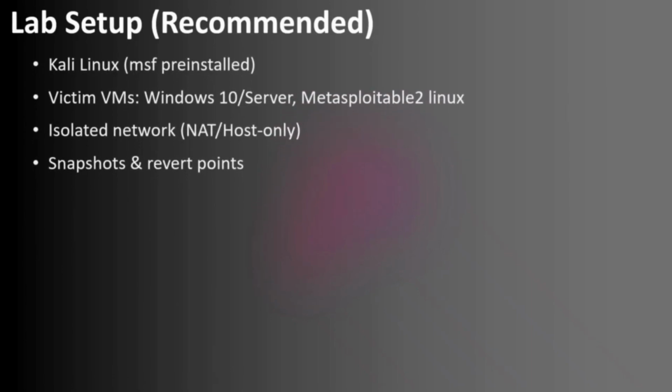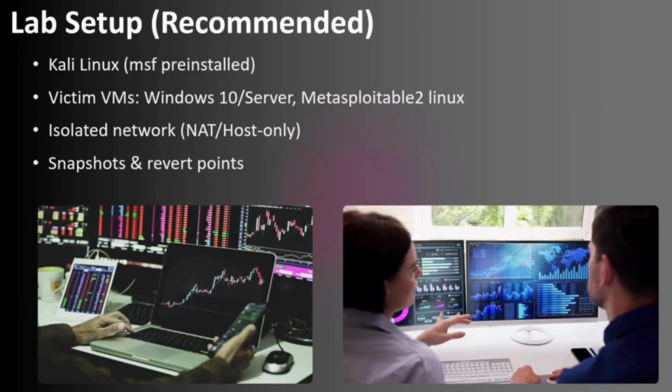Alright, with the basics covered, let's talk about the lab setup. For lab work, we usually use Kali Linux as the attacker machine. Everyone is aware of Kali Linux. In Kali Linux, Metasploit comes pre-installed.